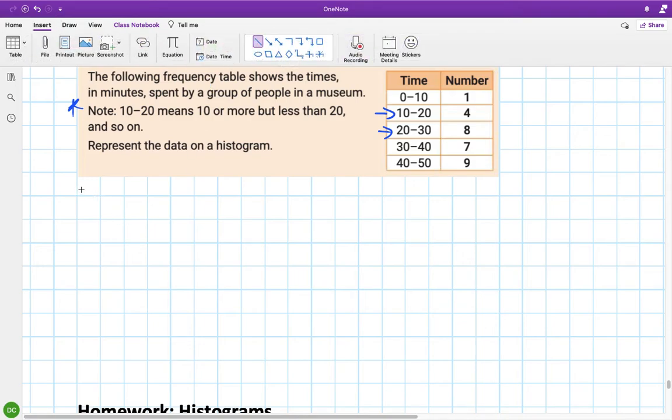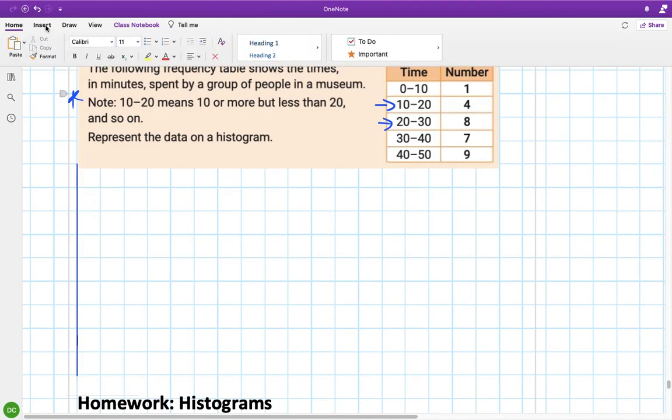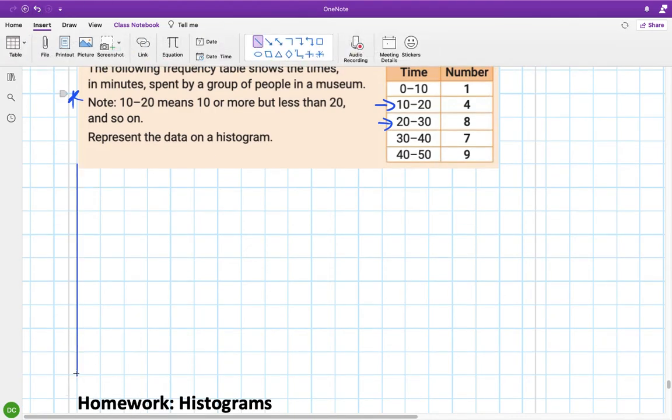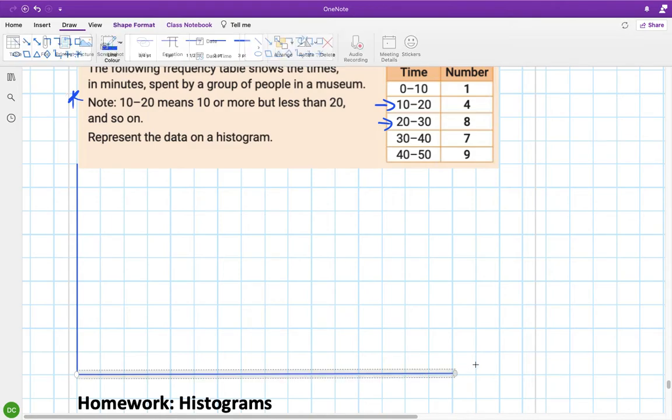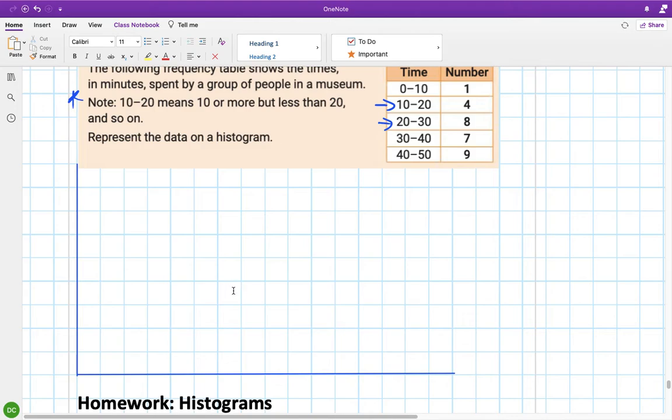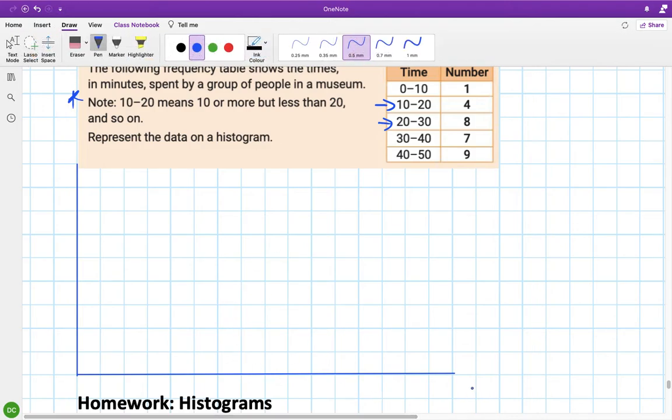We need to represent this on a histogram. So again, you draw it very similar to a bar chart. Your line up and your line across. Same as the bar chart, this is the one that's going to change. In this case, it's time. This one here will always be frequency, or in this case, number, but it's the same thing.